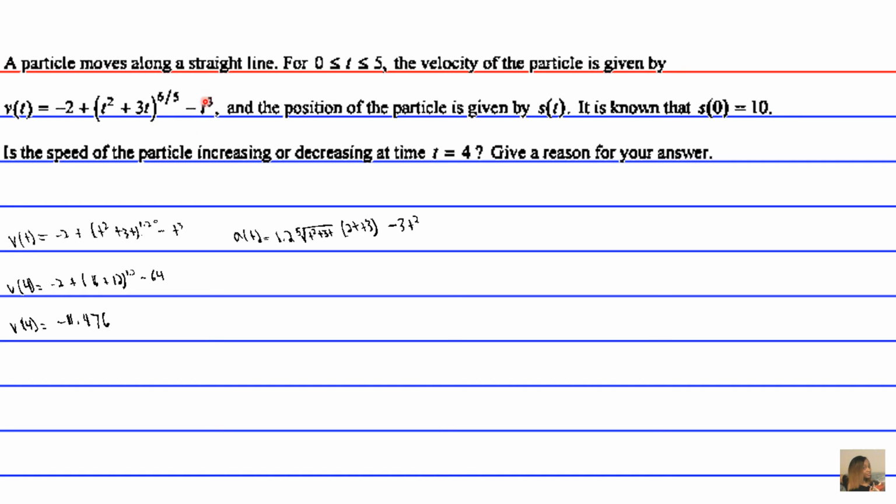Now for the middle term, we're going to have to apply the chain rule and the power rule. So we let u be equivalent to t² + 3t. So we take d/du and then we do du/dt, okay?